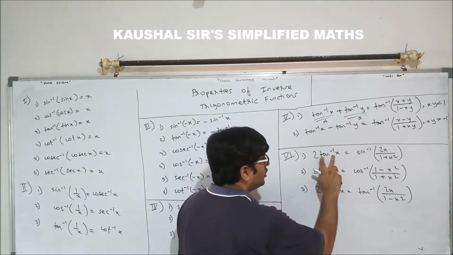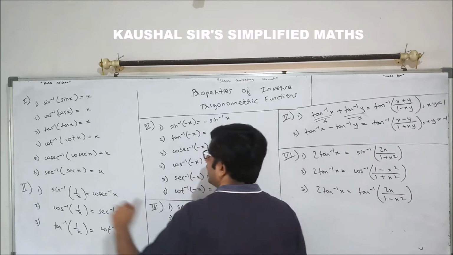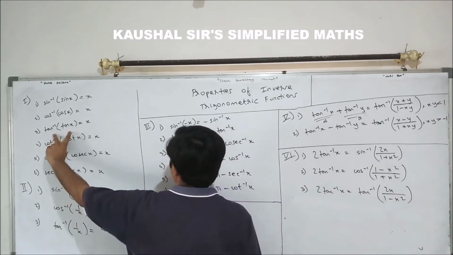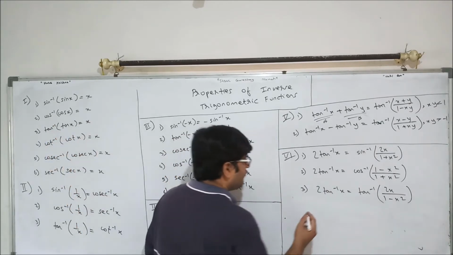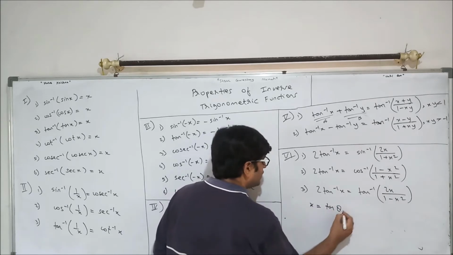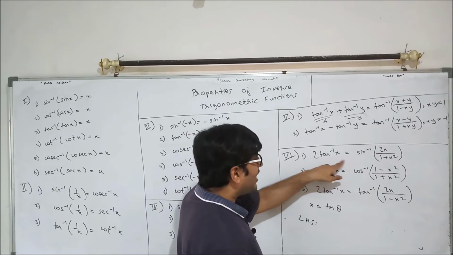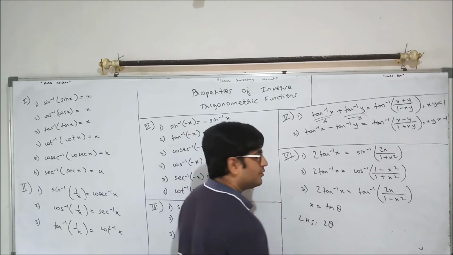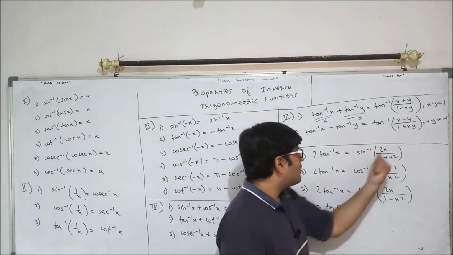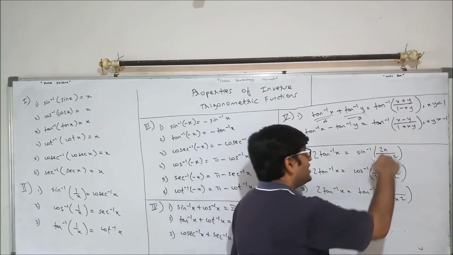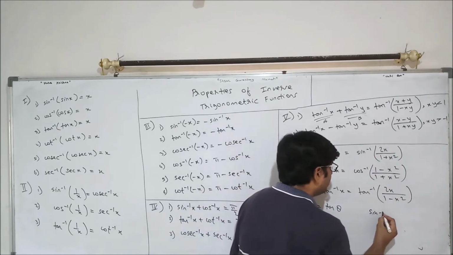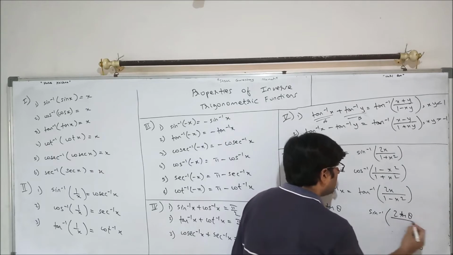So are we getting 2 tan inverse of tan theta? And just now we have seen that tan inverse of tan x is x. So if you put x equal to tan theta, the LHS answer is 2 tan inverse of tan theta, which you can say is 2 theta. Coming to the RHS, if you have put tan theta, then the RHS is going to become sin inverse of 2 tan theta upon 1 plus tan square theta.